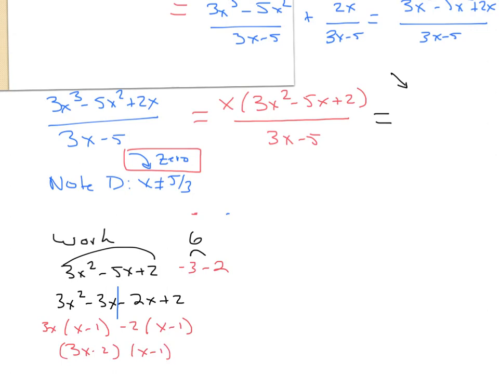So now I'm going to go ahead in this spot above, and I'm going to write all my factors. And we'll notice here that none of these factors will reduce, so I'm going to go ahead and just circle that, and that is my complete answer.